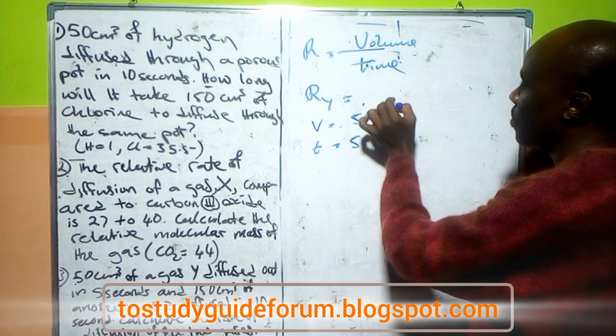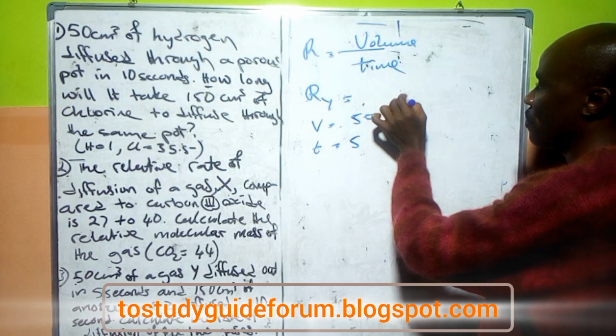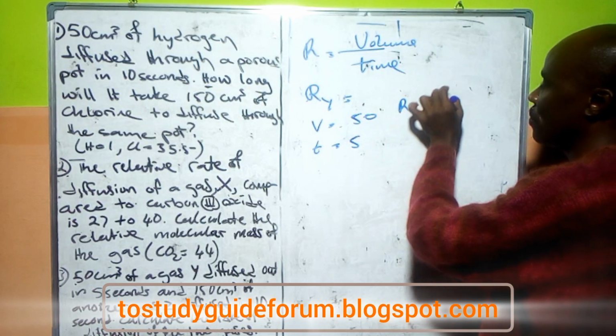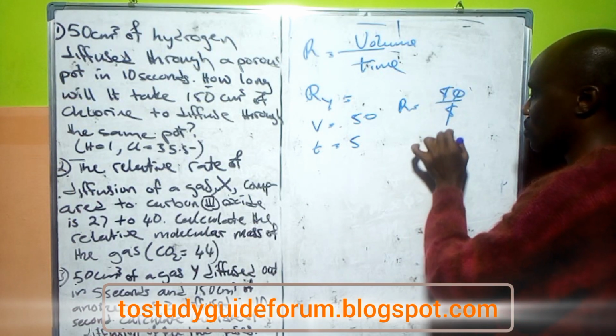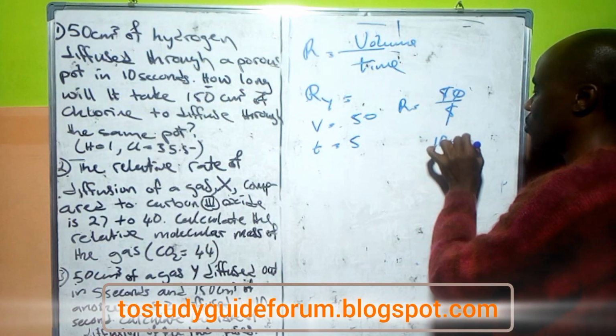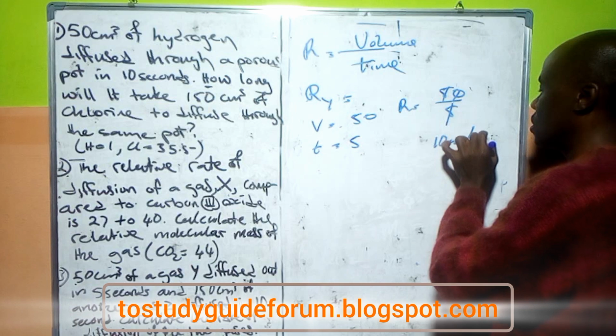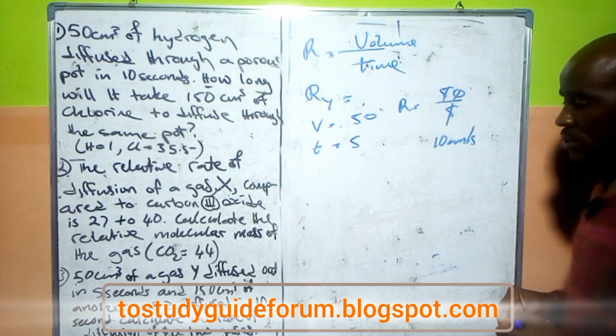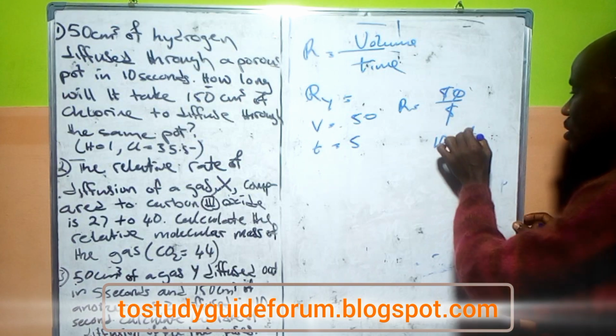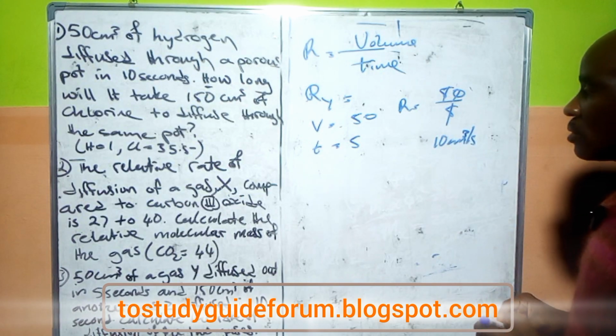Then based on our formula, we have 50 over 5. That will cancel out. We have 10 cm cube per second. That is the rate.